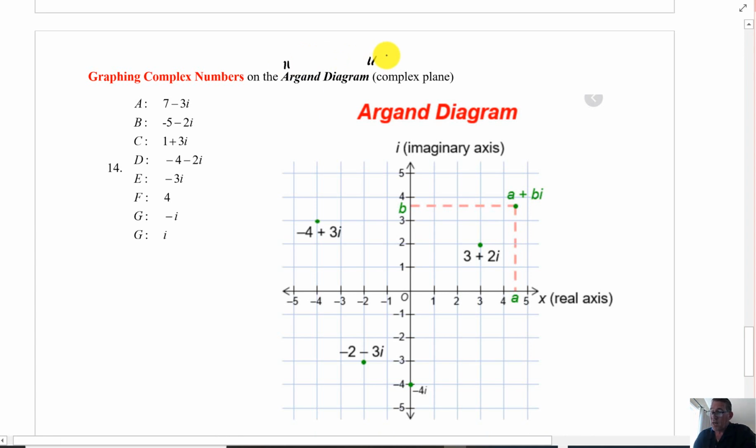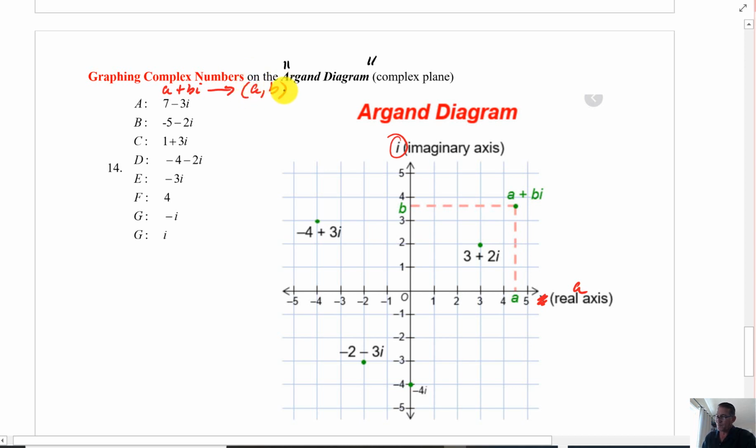It's fairly straightforward, but instead of having the typical x and y axes, we're going to call the horizontal axis the real axis, a, and the vertical axis the imaginary axis, i. Given complex numbers in the form a plus bi, we're going to interpret that as an ordered pair, a comma b.